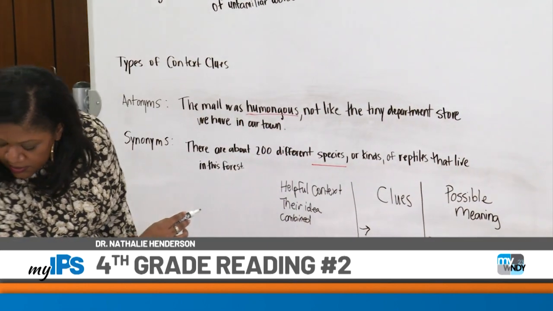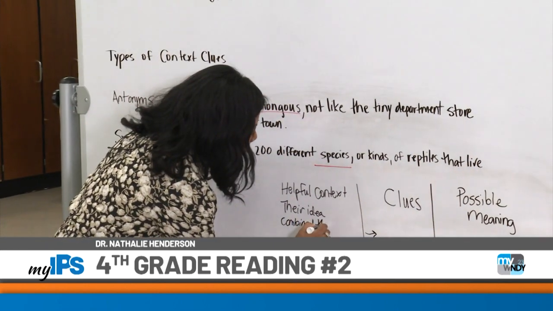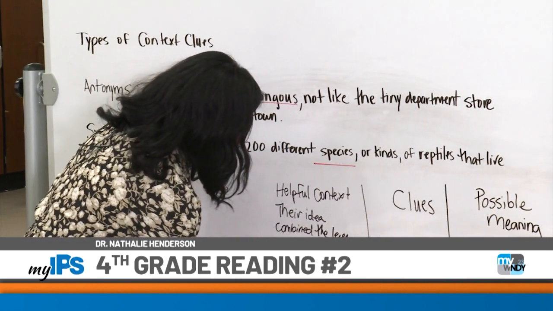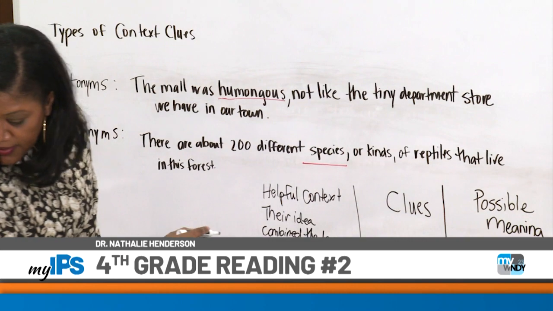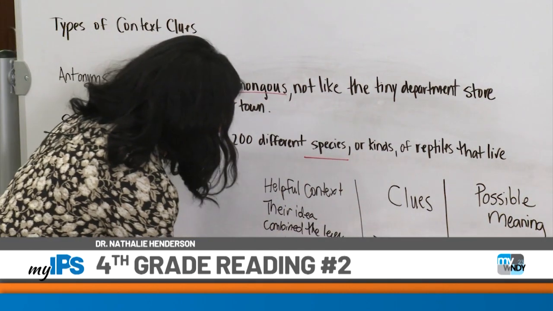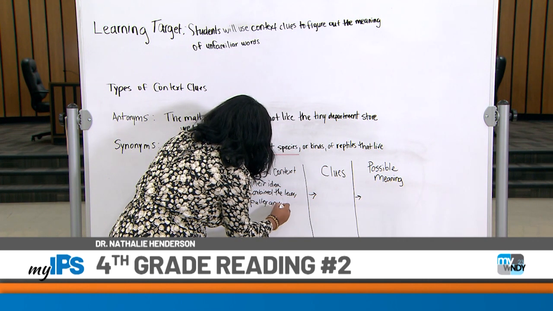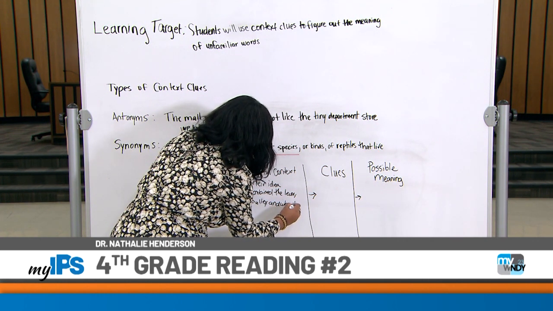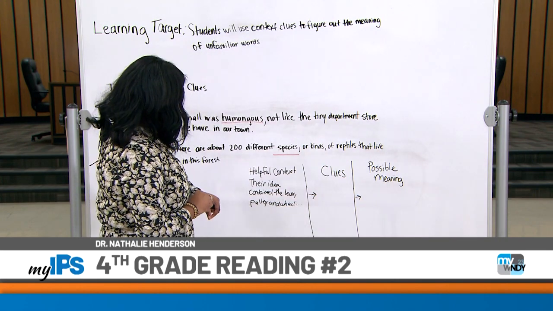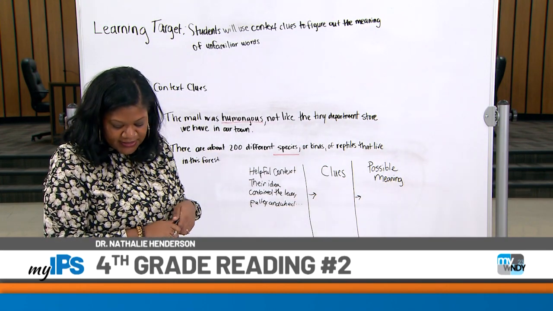The lever, pulley, and wheel and axle. And I'm not going to write the whole thing. I'm going to draw three dots that mean the rest that followed would go there, okay? So that was my helpful context.